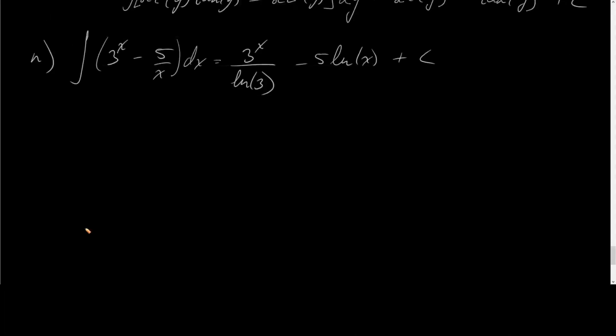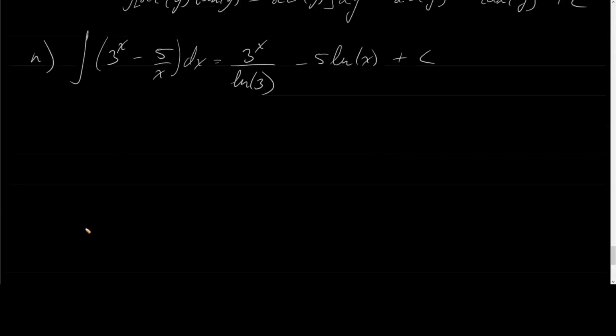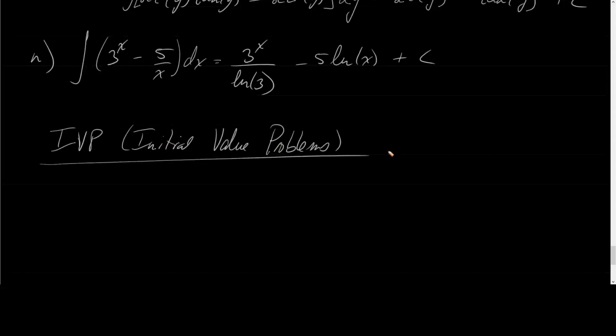So now, those were all just finding antiderivatives of a whole bunch of different scenarios. Let's talk about something called initial value problems. Sometimes these are also called initial condition problems, but it's the same exact thing, the initial condition or initial value.